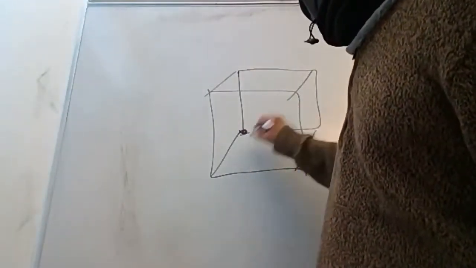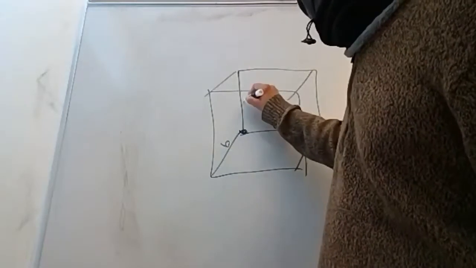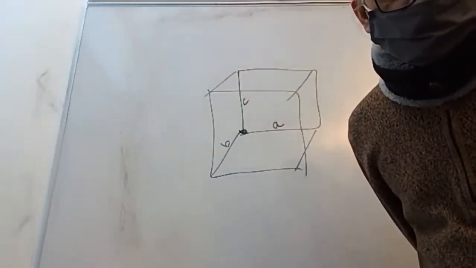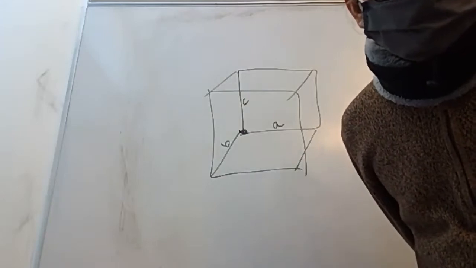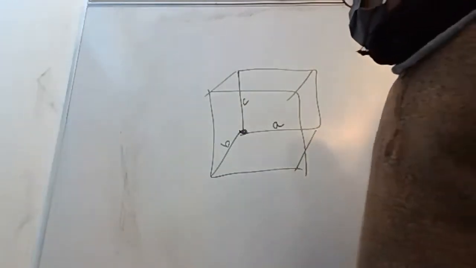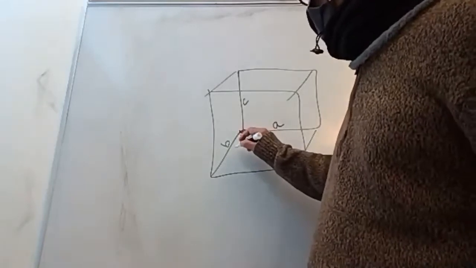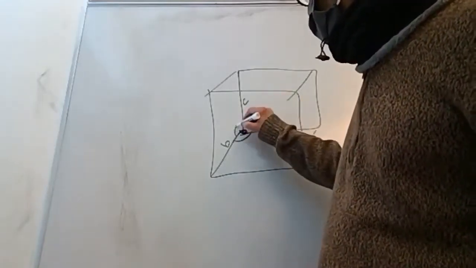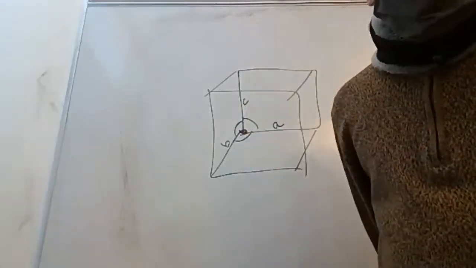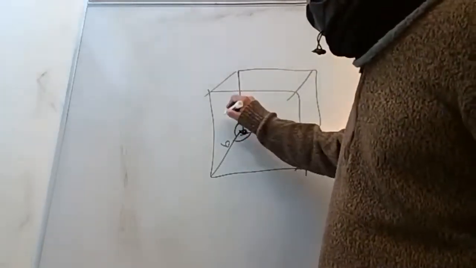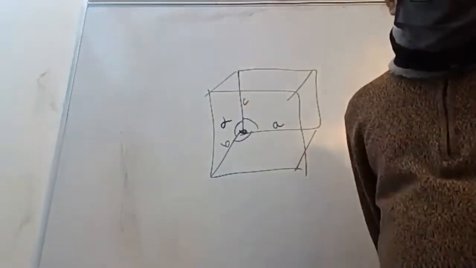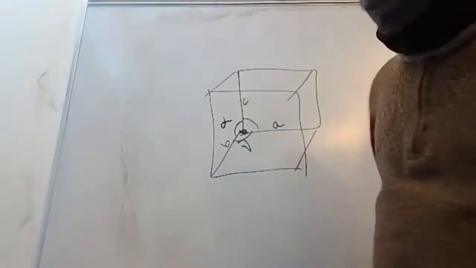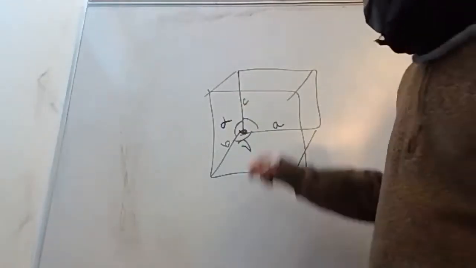It has lengths A, B, and C. These are the lengths of the parallelepiped in 3 different directions, X, Y, and Z. And then you have the angles between B and C, A and C, and A and B. The angle between B and C is called alpha, the angle between A and B is called gamma, and the angle between A and C is called beta.